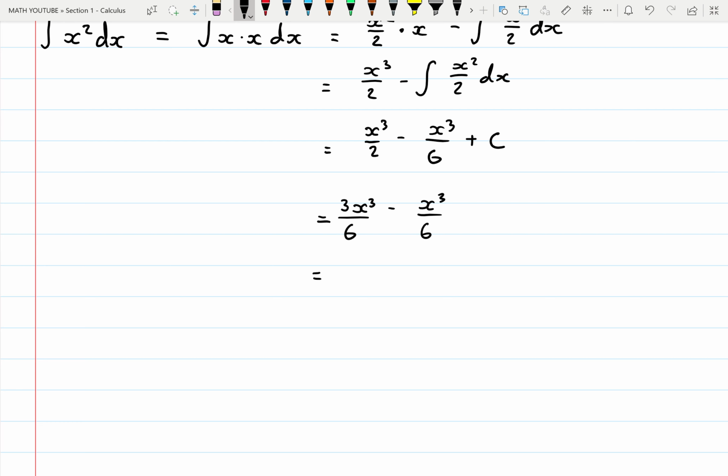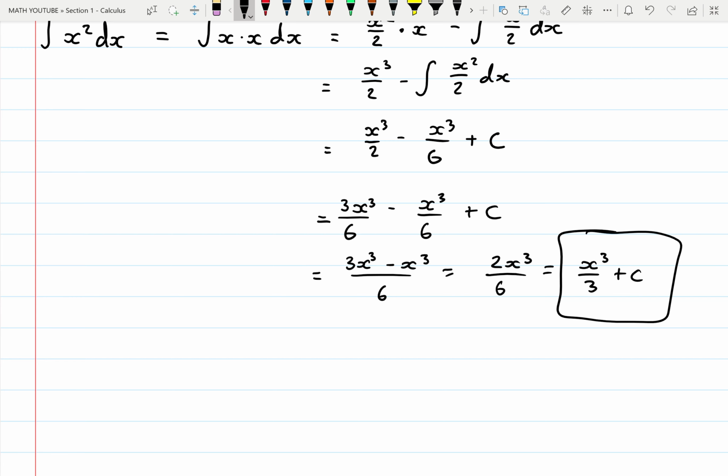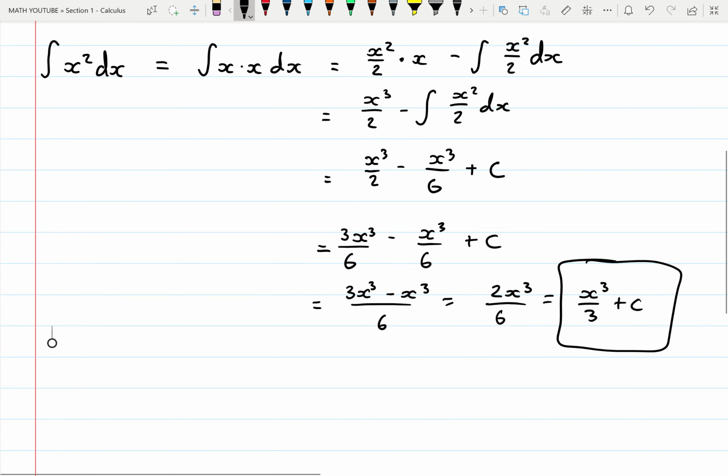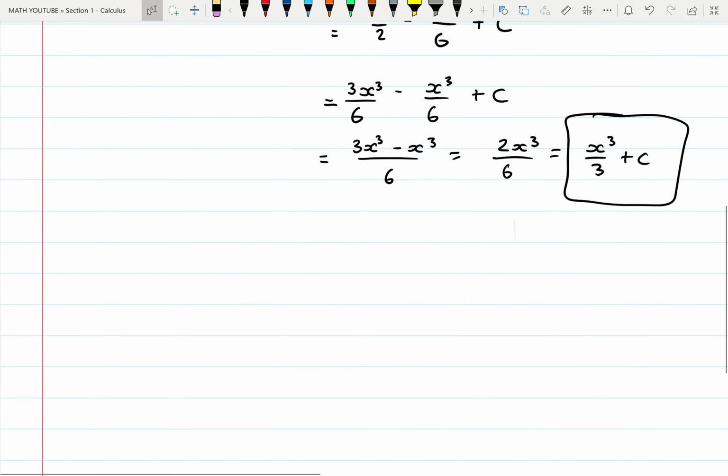And that makes us get 3x cubed minus x cubed over 6, and that is 2x cubed. I did it again, put a squared, that is a cubed, 2x cubed over 6, and that gives us x cubed over 3, and we also have to add our constant of integration, and we know that that is true by the power rule. So we have proven the integral of x squared dx is indeed x cubed over 3 plus c by the integration by parts law.